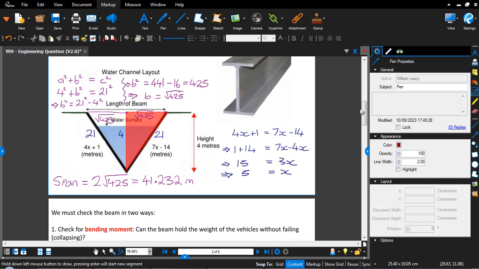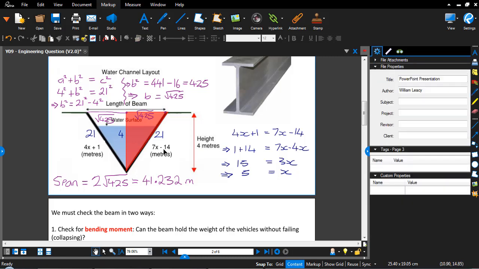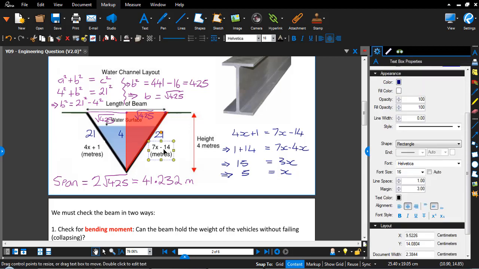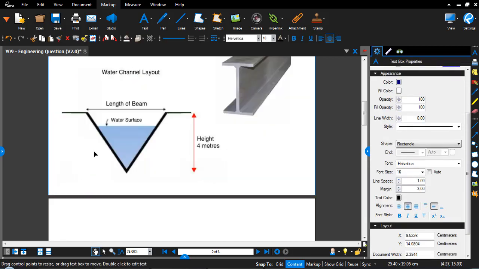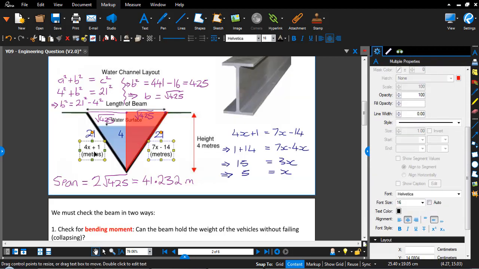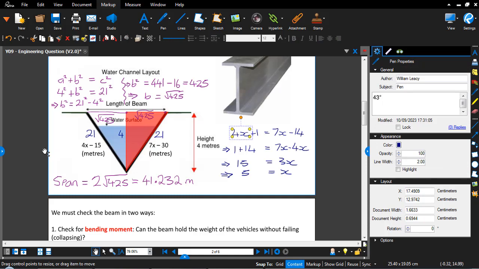So the real question should have been 4x minus 15, and this should have been 7x minus 30. That's what it should have been.